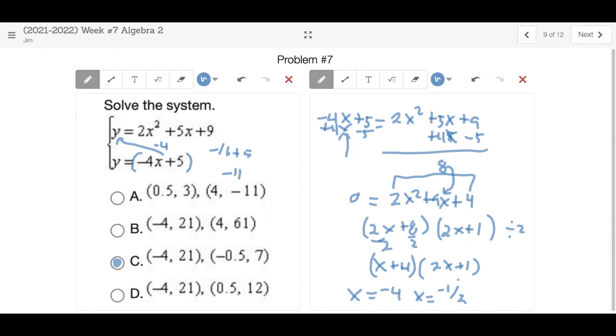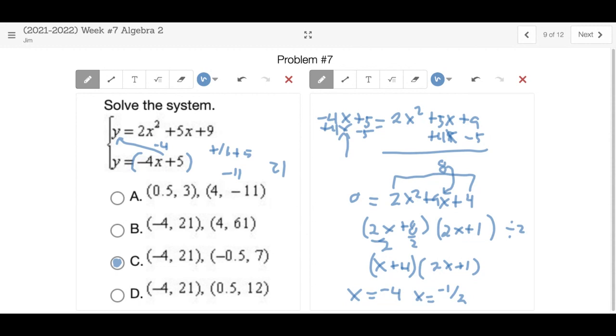I messed up someplace, didn't I? Oh, I don't know positive, negative numbers. Negative 4 times negative 4 is positive 16. So it does match up. So letter C should be our correct answer, shouldn't it?